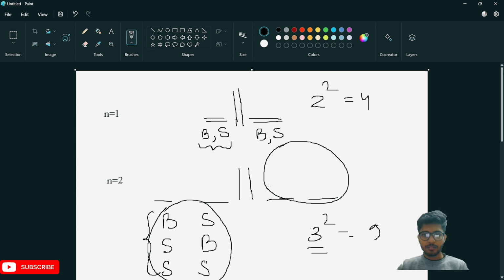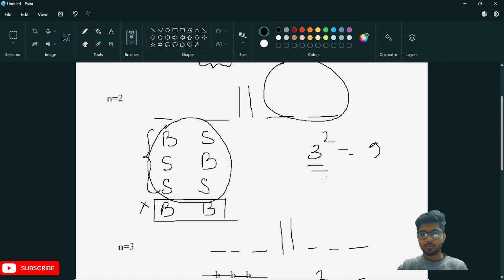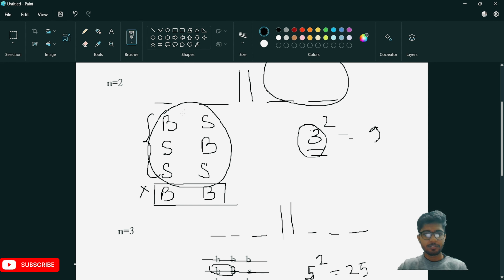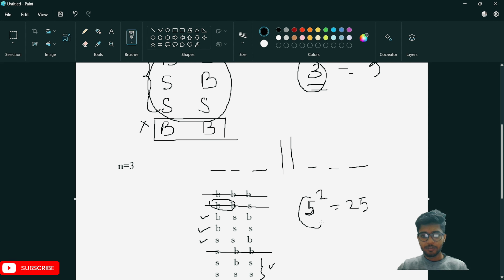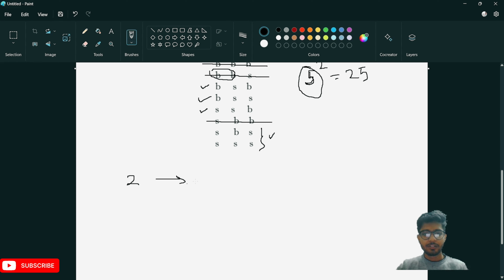If we see the number of possible ways for each number of plots, that is 2, then we got 3 for n equals to 2, then we got 5 when n was 3. So basically it's forming a Fibonacci series. We can see that. So for n equals to 3, according to the Fibonacci series, we add up the previous two values to get the current value.